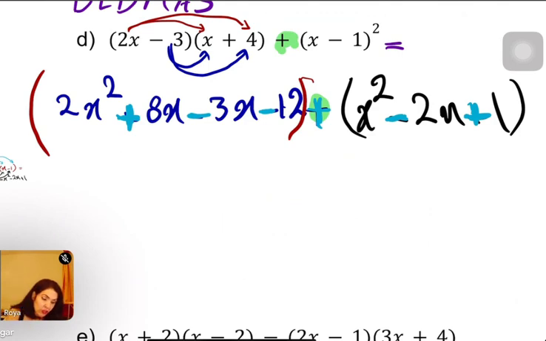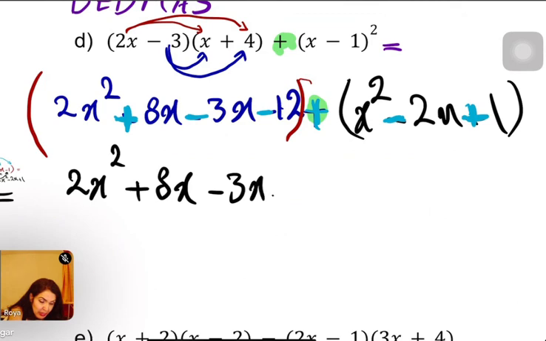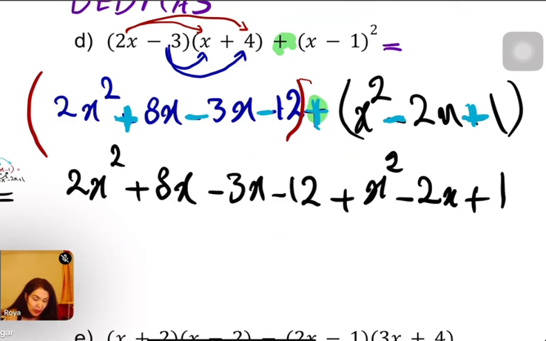You can just get rid of them. It's equal to, don't forget, 2x squared plus 8x minus 3x minus 12 plus x squared minus 2x plus 1.